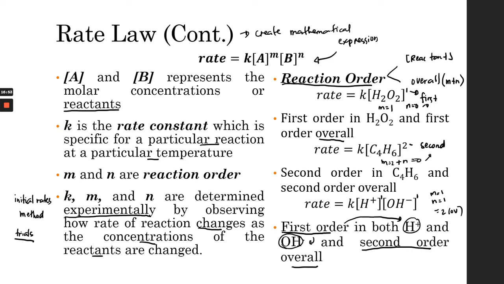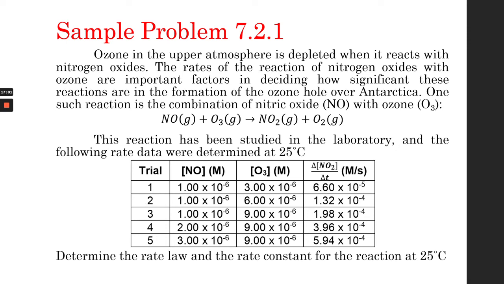And we can only do this if the experiments were already done, like this example that we have here. Ozone in the upper atmosphere is being depleted when it reacts with nitrogen oxides. The rate of the reaction of nitrogen oxides with the ozone are important factors in deciding how significant these reactions are in the formation of the ozone hole.